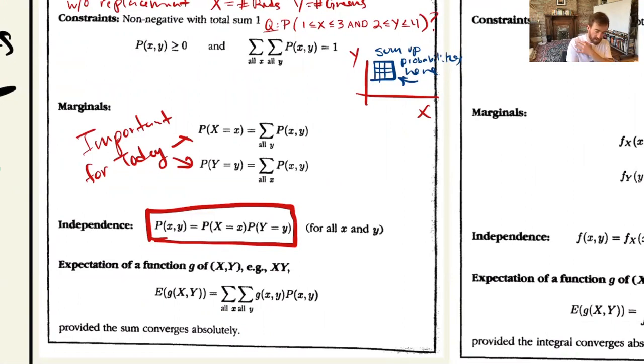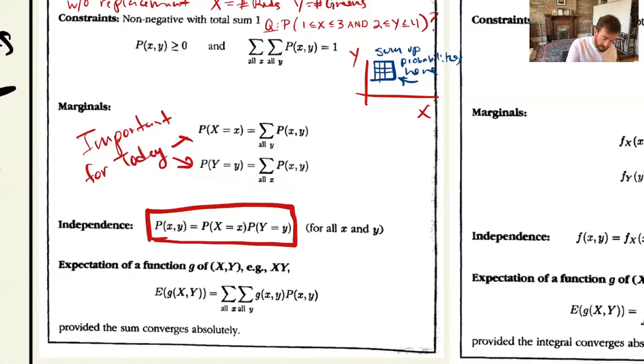To get the probability distribution for x, you sum over all y. That's like eliminating y as a variable by summing out all the y's. And similarly, to determine the probability distribution for y, you sum over all x.